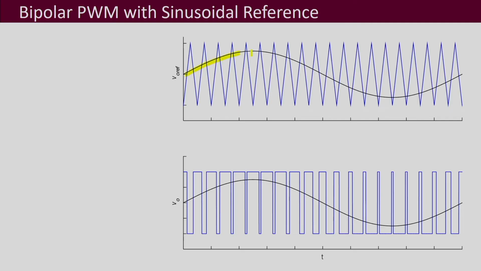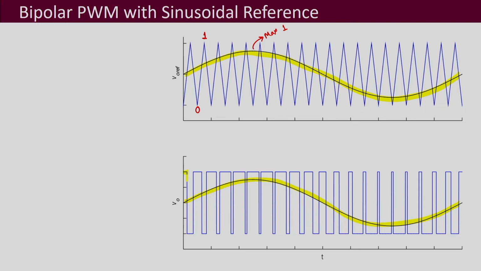This is your VO ref, which is sinusoidal here, and this is a triangular carrier which, let us say, goes from 0 to 1. Obviously this reference also can have a maximum value equal to 1 and not more than that. If it becomes more than that, then it will be greater than the carrier waveform, and the pulses will start getting missed out. Okay. And then this is the VO average.